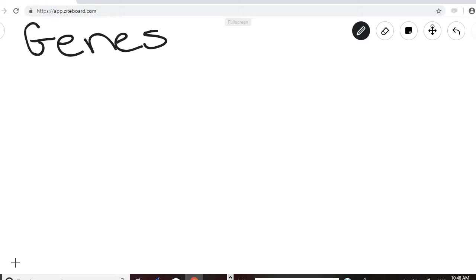So the genes contain the information that determines the expression of different characteristics. And we know that for each characteristic, there are 2 genes, so they come in pairs.